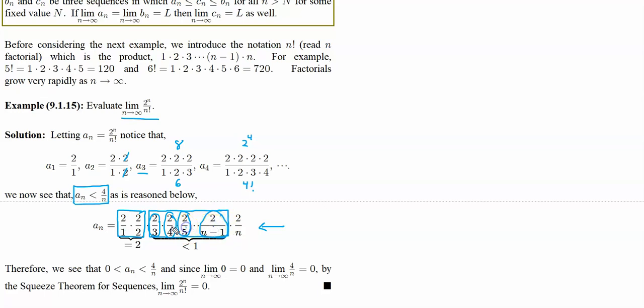Each of these numbers that are being multiplied together are less than 1. So when you multiply two numbers together that are less than 1, like 1/2 times 3/4, well, that's of course going to be 3/8, you get a number that's also less than 1.